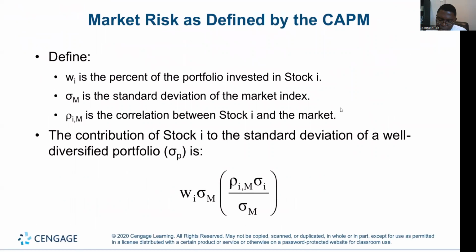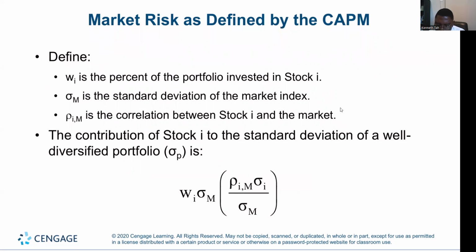So market risk as defined by CAPM: we have w_i, which is the percent of the portfolio invested in stock I. Then we have the standard deviation of the market, or the risk of the market, which is the standard deviation of the market index. And then we have the correlation coefficient between stock I and the market.